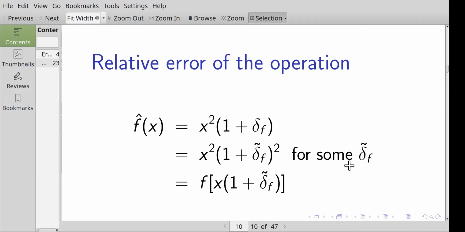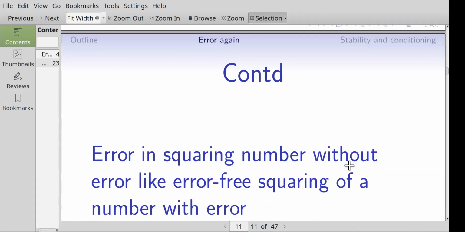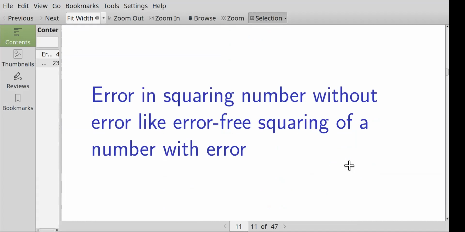Okay. So the error in squaring a number without an error is like the error-free squaring of a number with an error.